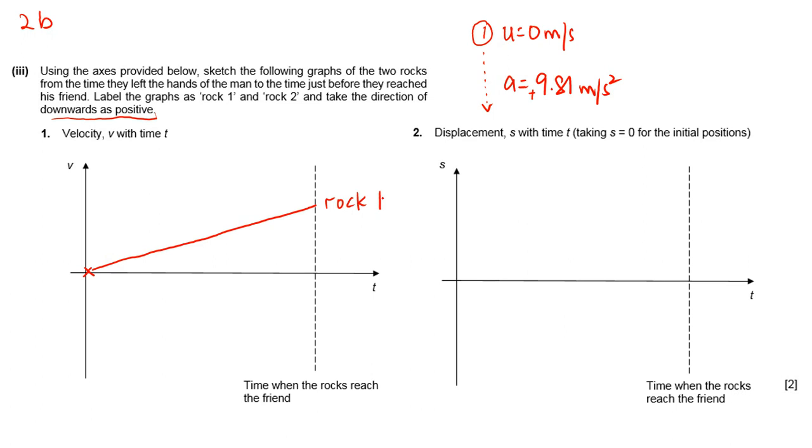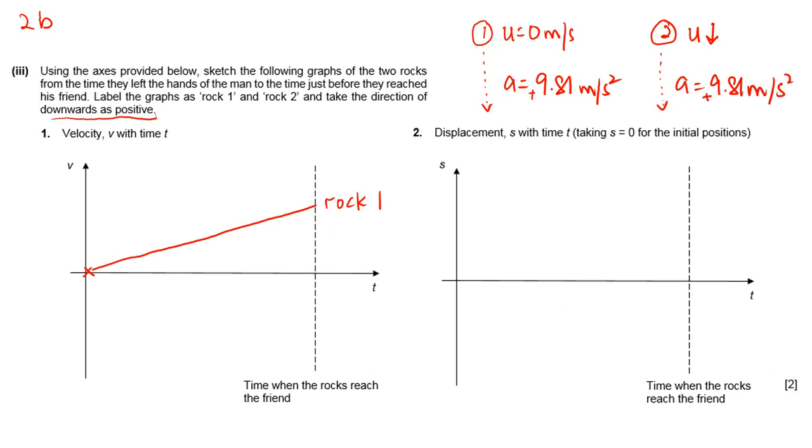Okay, in the case of rock 2, it is being thrown down. After it's been thrown, it will also fall under the effect of gravity. The acceleration is also 9.81 due to the gravity pull, positive.